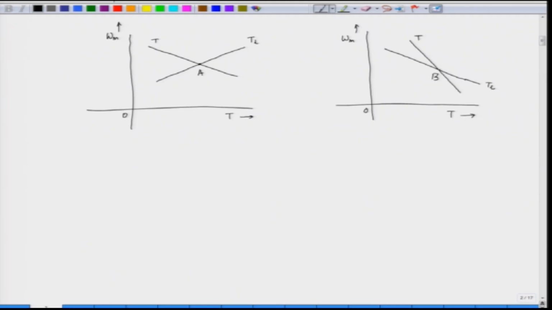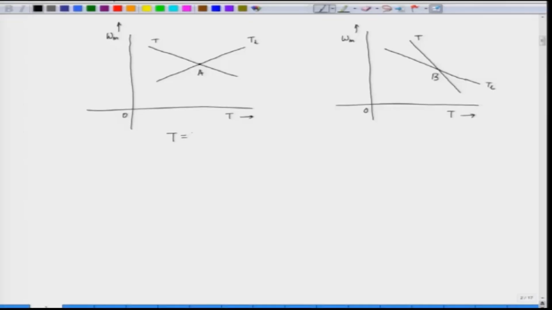In one example the operating point is decided by A, and in the other example the operating point is decided by the intersection, that is B. Now, we have to decide, out of these two equilibrium points, which is a stable equilibrium point and which one is an unstable equilibrium point, because at each equilibrium point we have T equal to T L. Here also we have T equal to T L at A, here also we have T equal to T L at B.